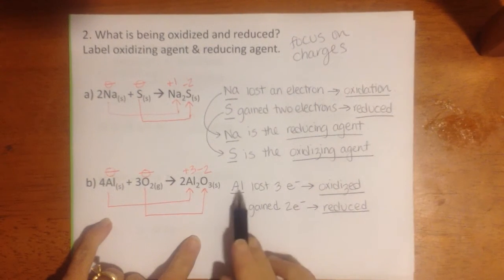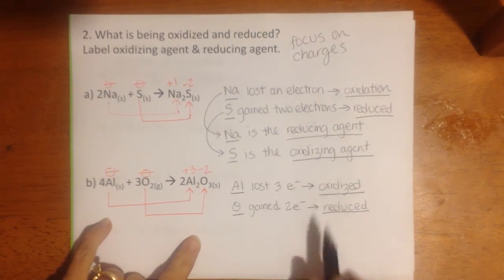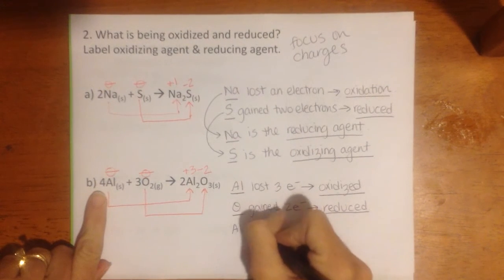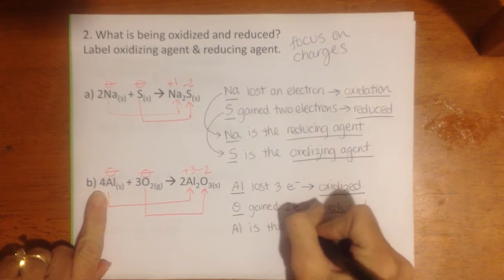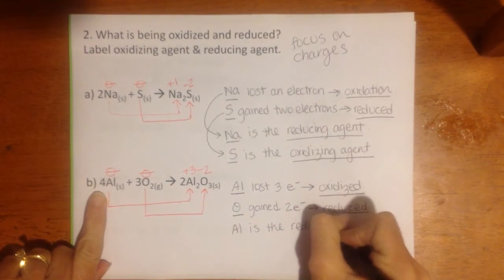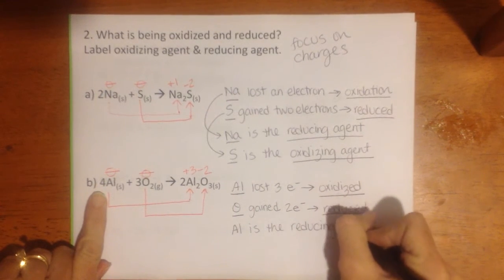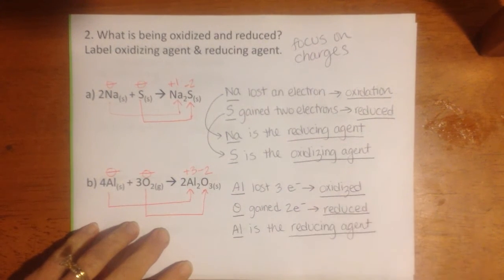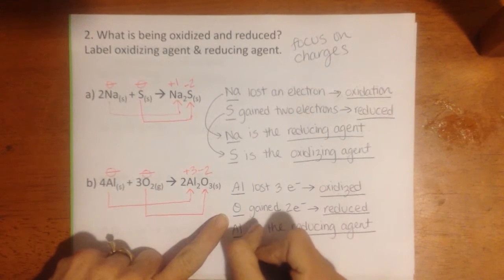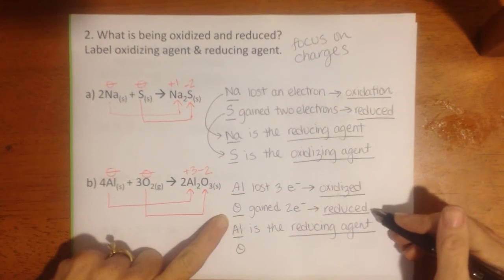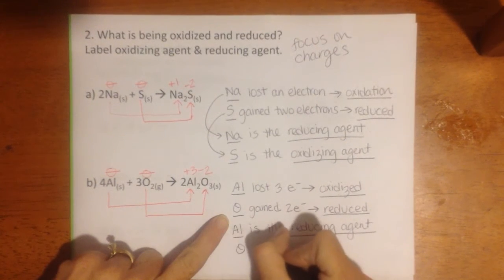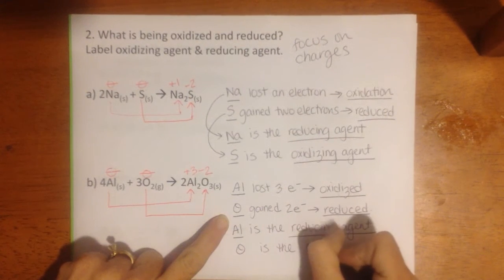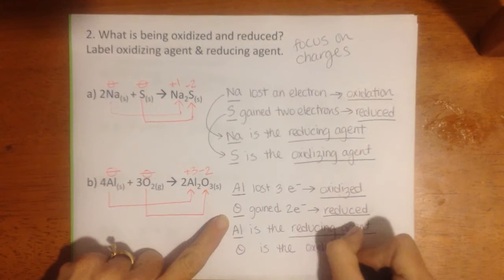Doing the flip again, aluminum was oxidized, therefore aluminum is the reducing agent. Oxygen was reduced, so oxygen is the oxidizing agent.